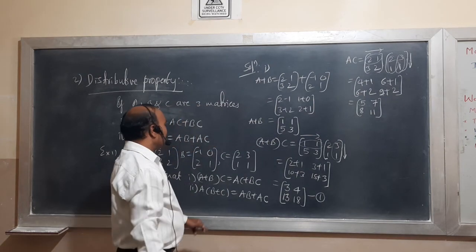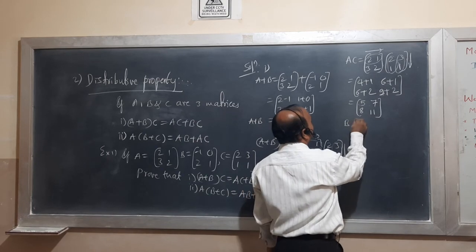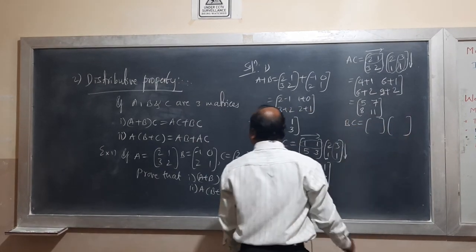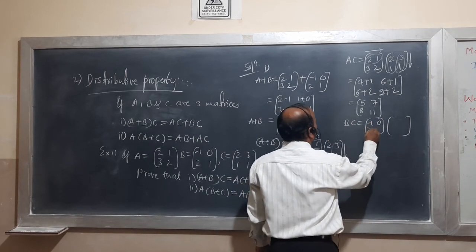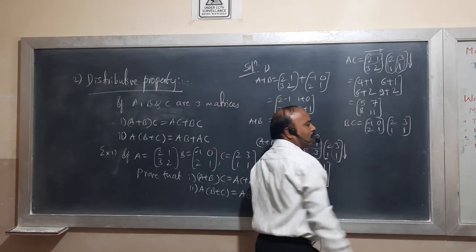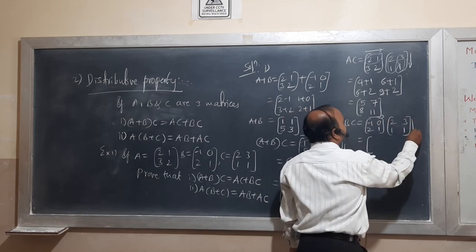Next we want the value of BC for the right hand side. Then you calculate the BC value. BC is given by, first you write the B matrix, [minus 1, 0; 2, 1] into the C matrix, [2, 3; 1, 1]. Again you multiply these two, row with column.